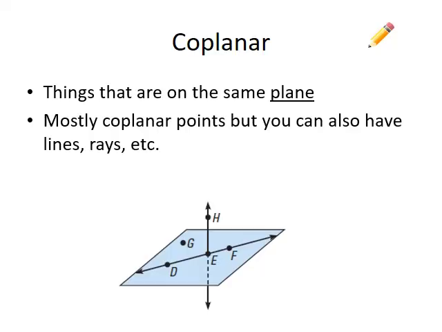G is coplanar to the line DF, G is coplanar to the point E. We have so many different options. Again, this may be a little harder to conceptualize just because you probably haven't heard of planes all that much, but we will work with these vocabulary words more this week when you get back from watching this video.